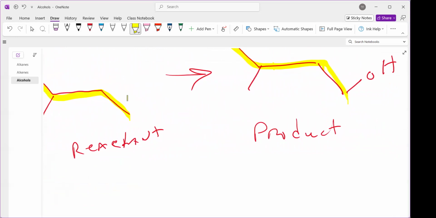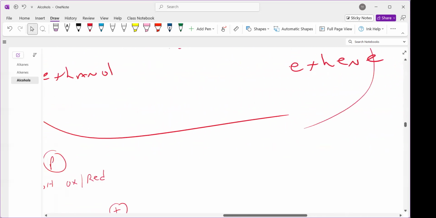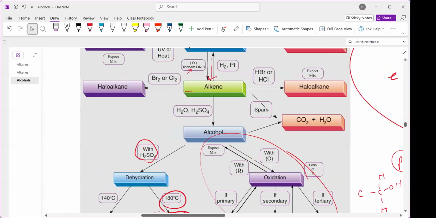So here's our alcohol. So our double bond has to be here. So when we add the OH and H across that double bond, we end up with the OH. And we need an acid environment.